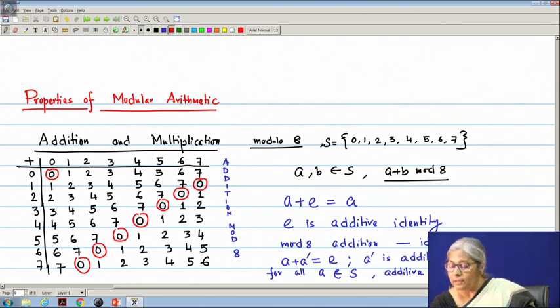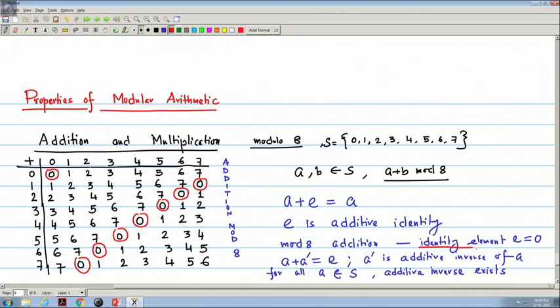My identity element exists, which is equal to 0, and for all A the additive inverse exists, because we just saw that.